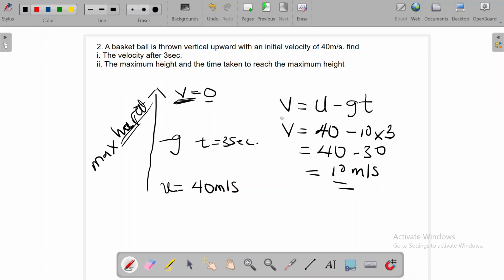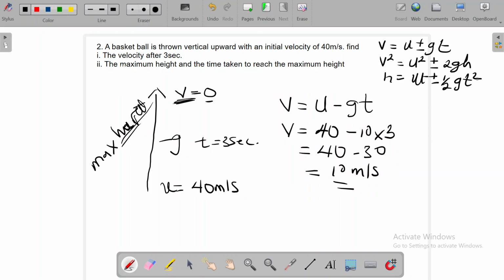Okay, this first equation would not work. Remember, I gave you 3 equations. V is equal to u positive or negative gt. V square is equal to u square positive or negative 2gh, or h is equal to ut positive or negative half gt square.